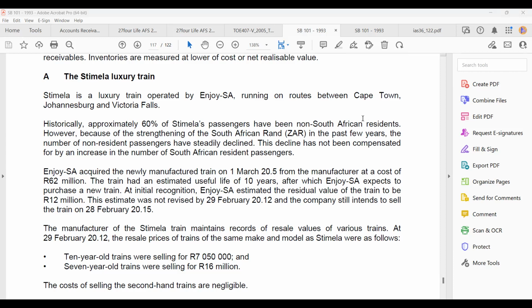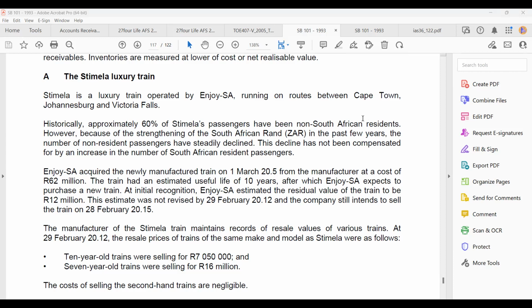Typically for CTA 2, if you have a transfer, let's say an item moved from PPE to investment property, it can never be possible for this question, because this is a luxury train. A train can't be investment property. But an item could move from PPE to inventory.